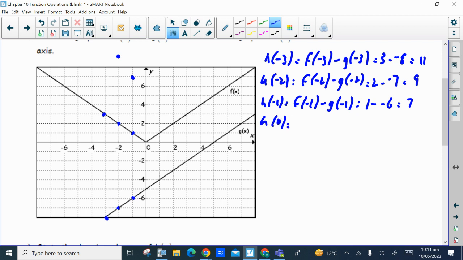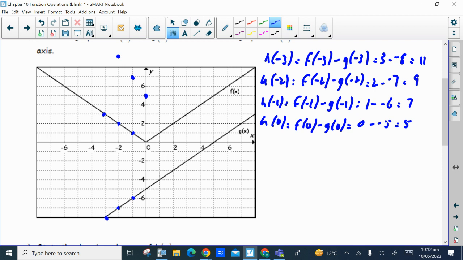H at 0 will be f at 0, take away g at 0, which will be 0 minus -5 becomes +5. So those first 3 points line up.